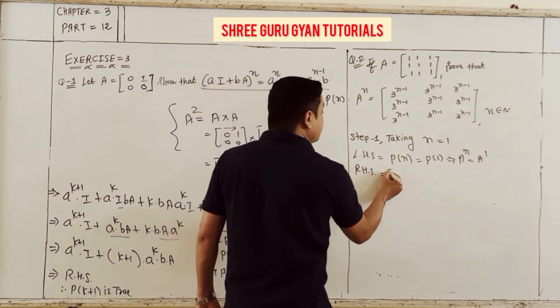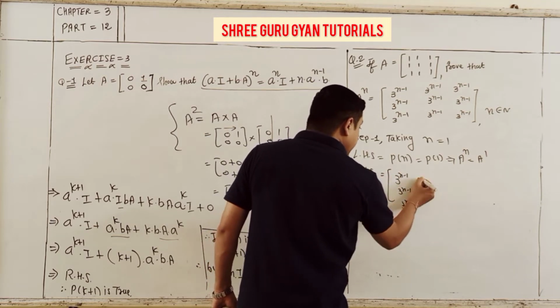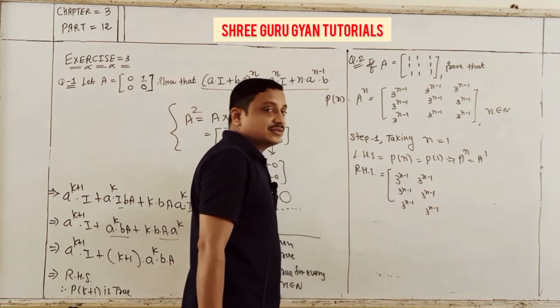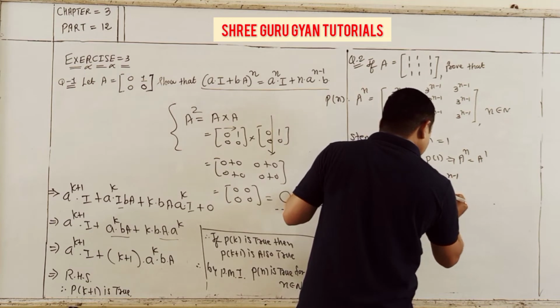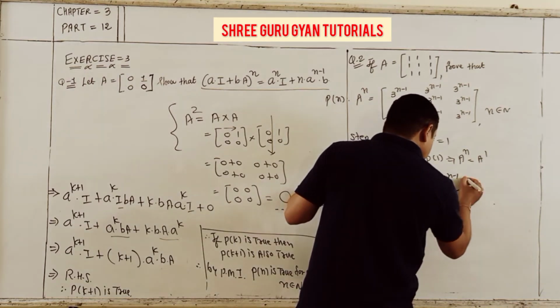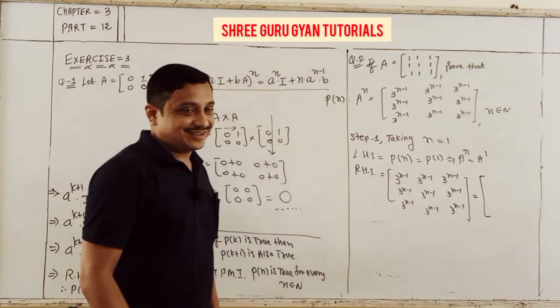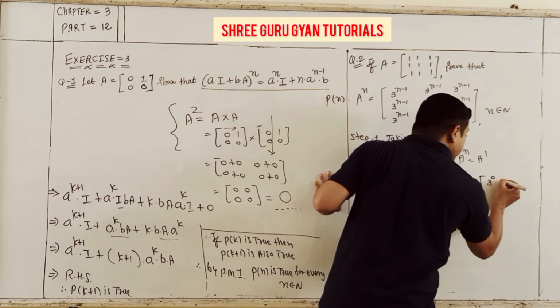Now RHS. Your RHS is the given 3 raised to n minus 1. You just put n as 1, same as 3 raised to n minus 1, and apply your value n is 1. Definitely 1 minus 1 is 0, I mean 3 raised to 0.